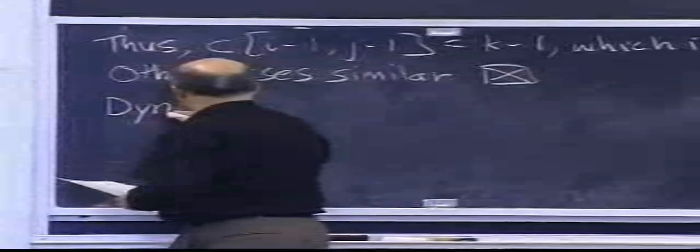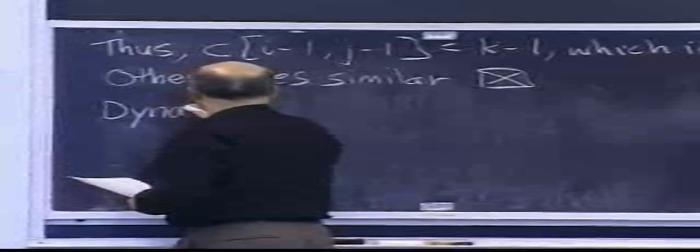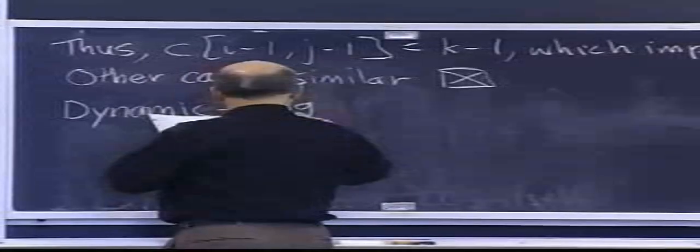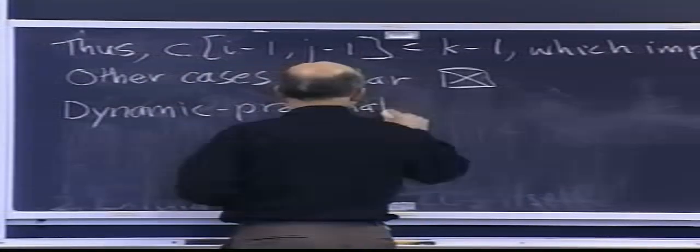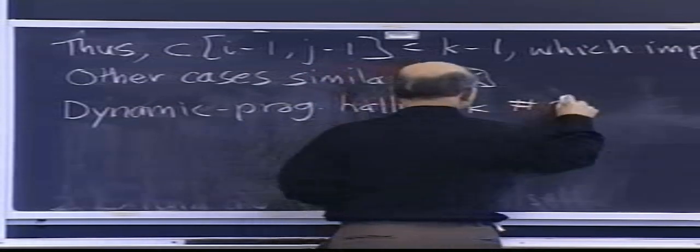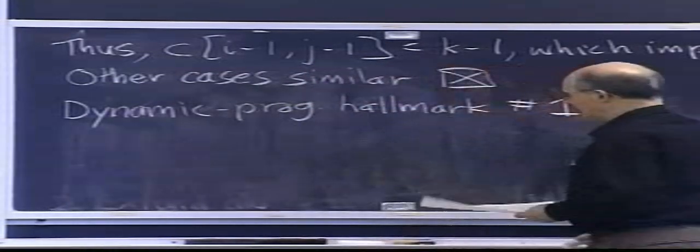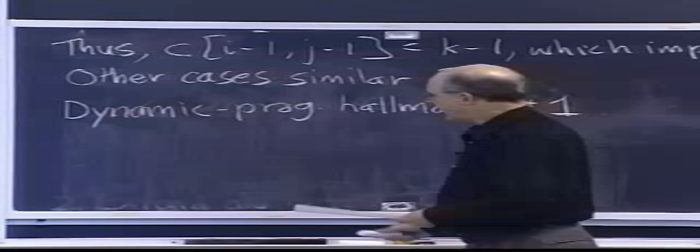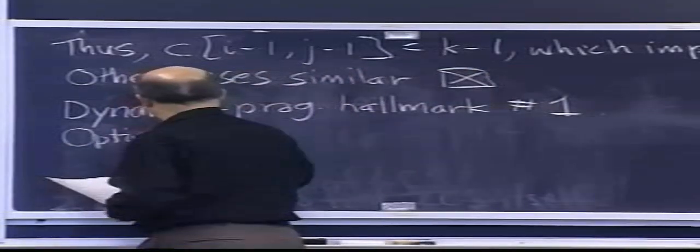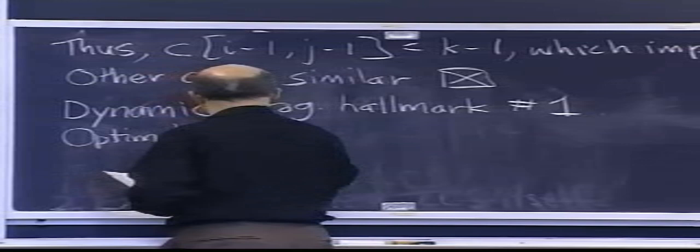So we have two hallmarks for dynamic programming. This is the first one. There's a property, when you look at it, of what they call optimal substructure.